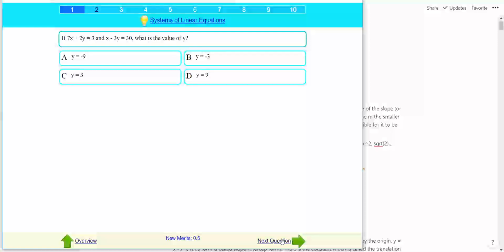So we have minus 7x plus 21y, so we eliminate the x's. So we will have 23y equal to 213. So y would equal 213 over 23. I'm not sure if this has a solution.